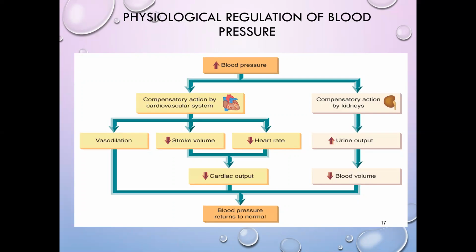Otherwise, the compensatory action by the kidneys increases your urine output, which then decreases the blood volume, and the blood pressure then will return to normal.